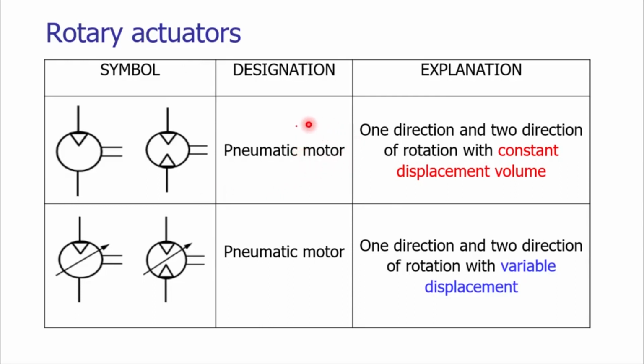By using pneumatic energy, we generate rotary motion. That's why the circle has been provided. For a constant displacement motor, we put two parallel lines. When we put an arrow, that designates variable displacement.